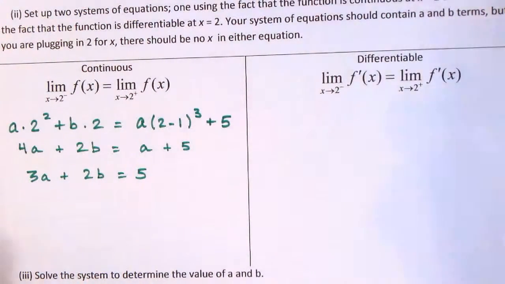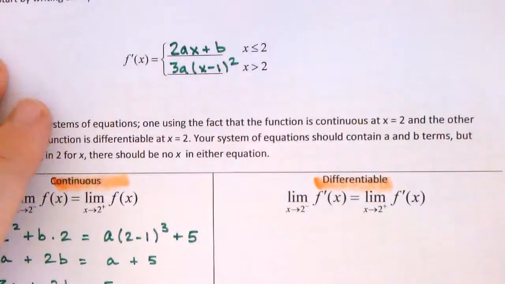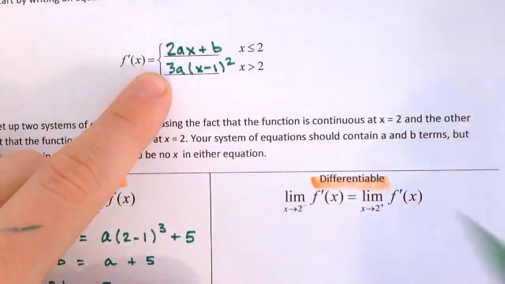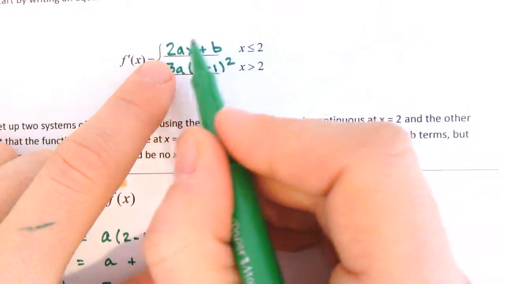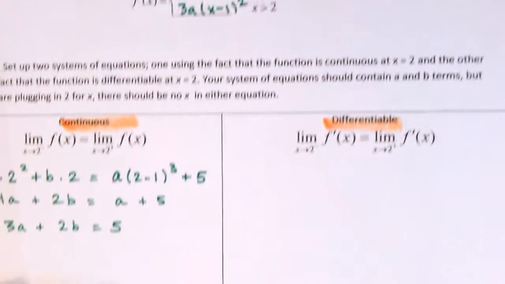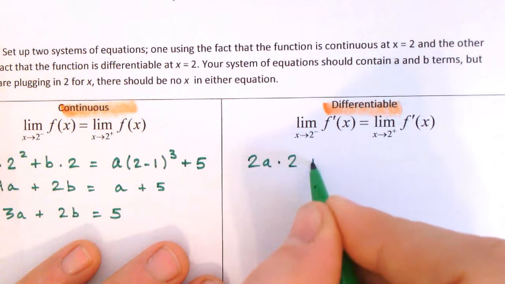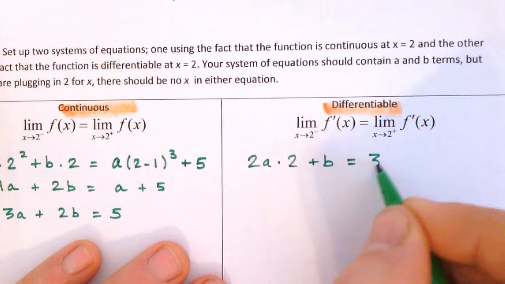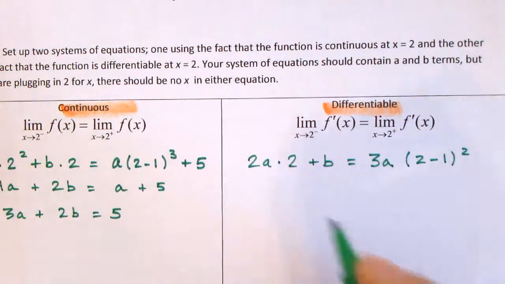On the other side, we also knew that this was differentiable. So I'm going to take this differentiability equation, and we know because of the differentiability that if we plug 2 in here for x, and we plug 2 in here for x, we get equivalent statements. So 2a times 2 plus b must be equal to 3a times (2 minus 1) to the second power.